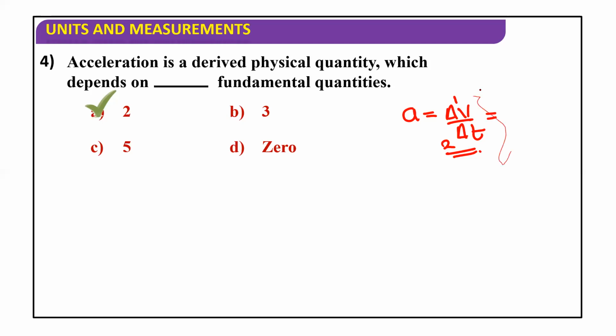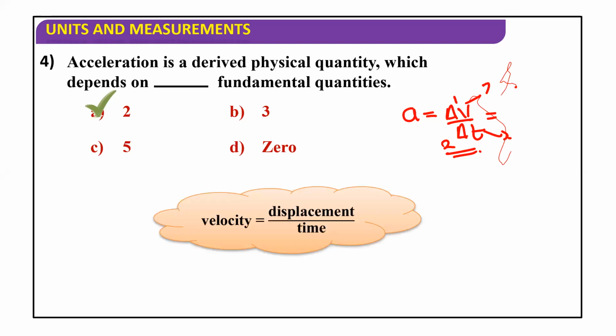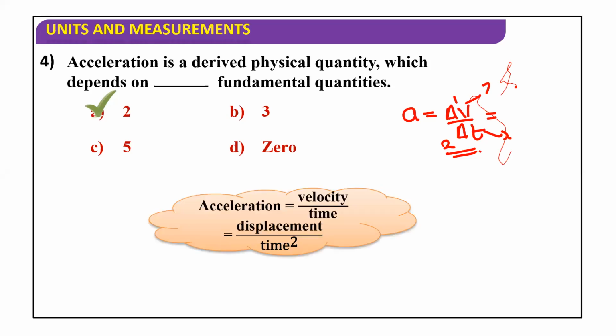The quantities are, one is velocity and the other one is time. Done? I hope it is done. So we already know acceleration is equal to velocity divided by time. So it depends only on two quantities.